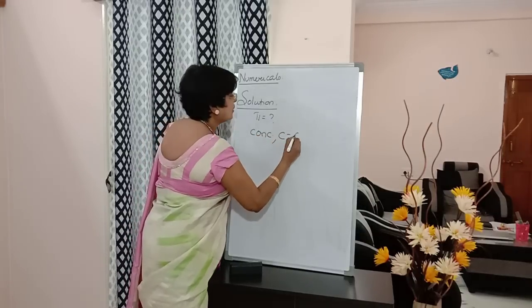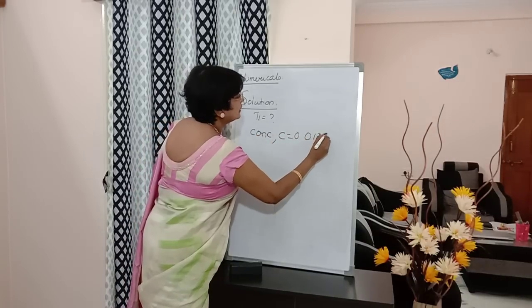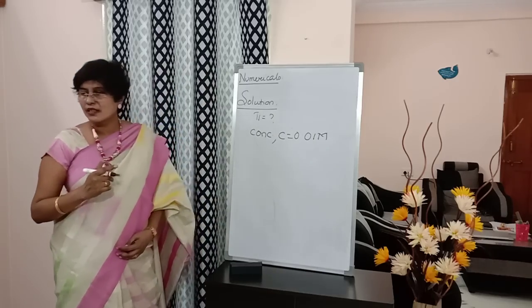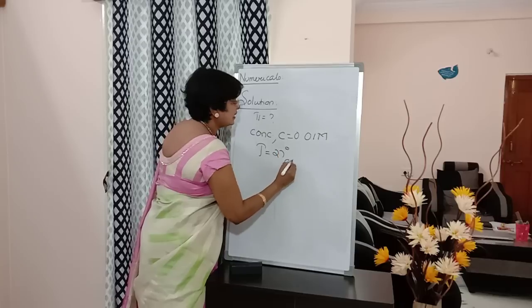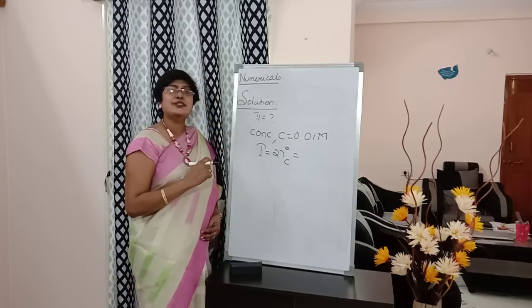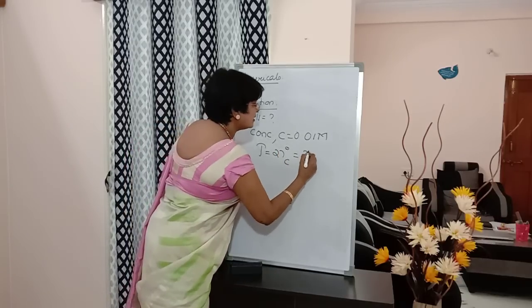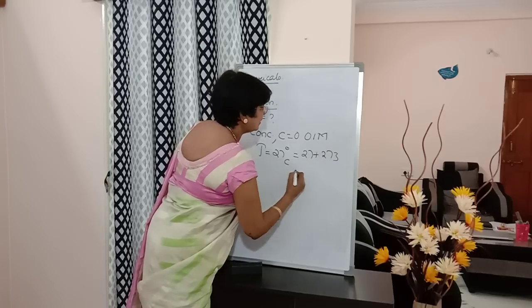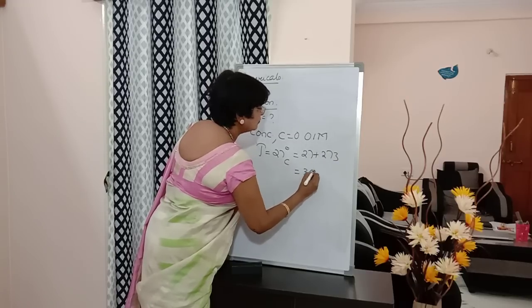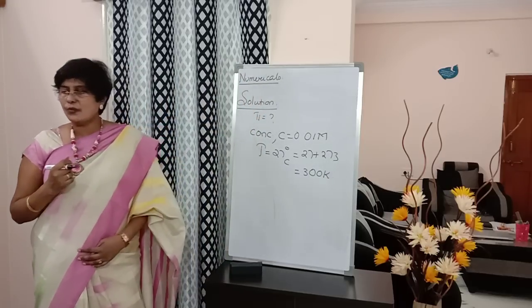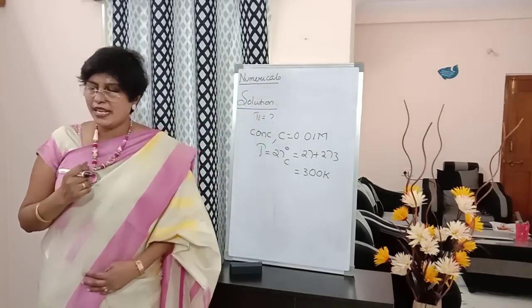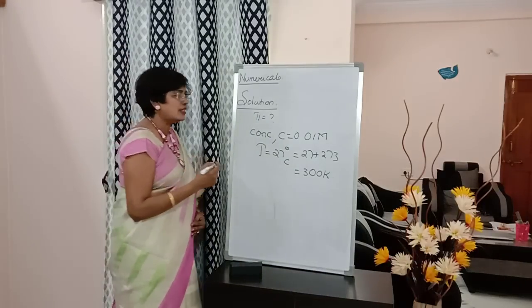Concentration C is equal to 0.01 capital M. Temperature 27 degrees centigrade. This should be converted into Kelvin, students. 27 plus 273 is equal to 300 Kelvin. T is equal to 300 Kelvin. So what is the formula, students?